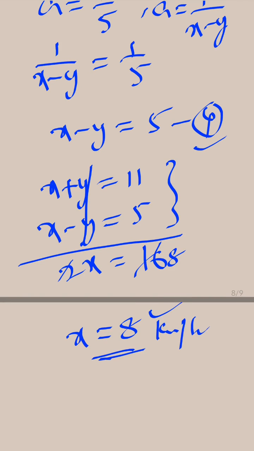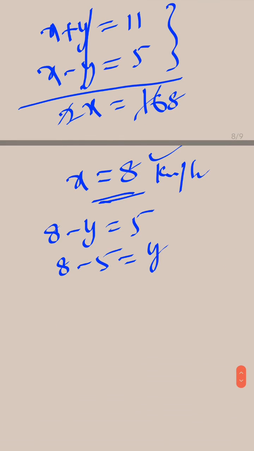This is the speed of boat we have selected. Now finally, if x value is substituted in any one of the equations, either the third one or fourth one, we'll get y value also. For example, the fourth one, x minus y is equal to 5, I'll take. So 8 minus y is equal to 5. Then 8 minus 5 equal to y.